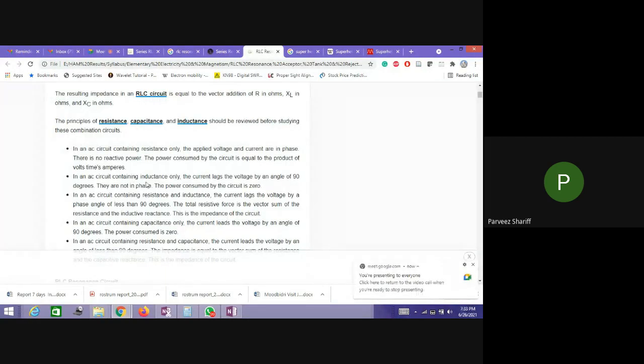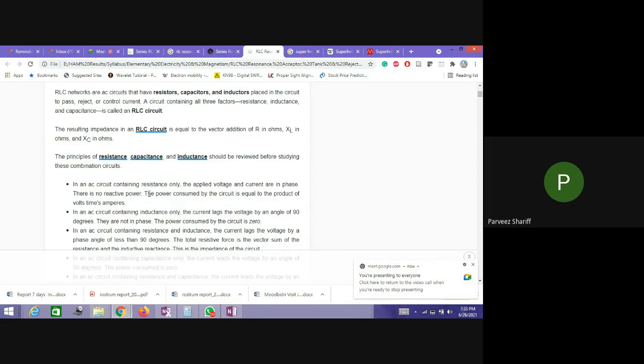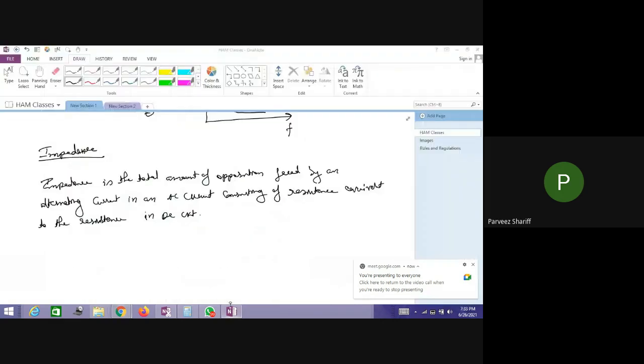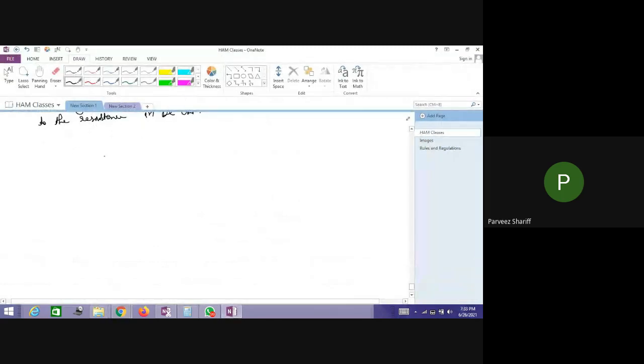So here we will discuss a few points about phase. In an AC circuit containing only a resistance, whenever we apply a voltage, the voltage and current are both in phase. So this is an AC voltage source, let us call it VI, and here we have a resistor.